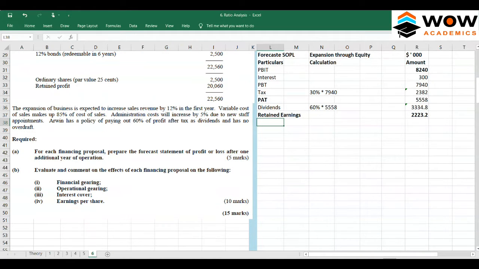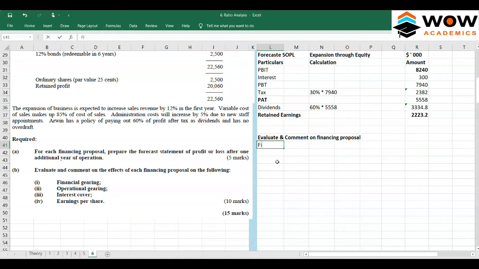See, the next idea is very simple. Commenting on the ratios. So we will work out these ratios here. Evaluate and comment on the financing proposal. Okay, so let's comment about it.